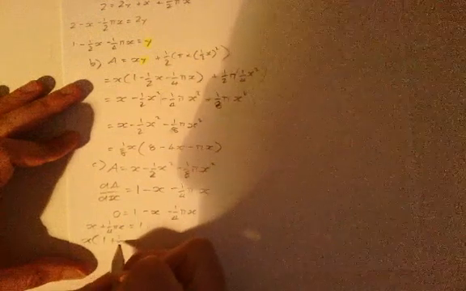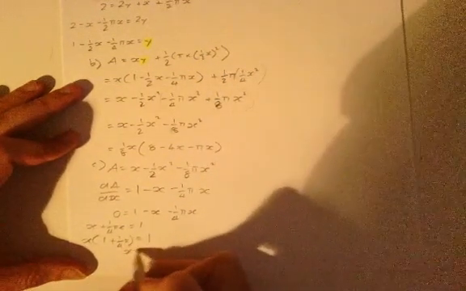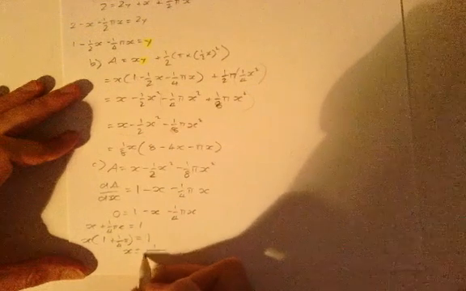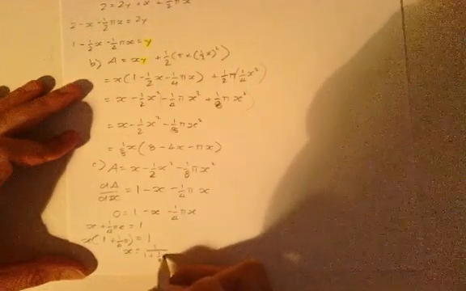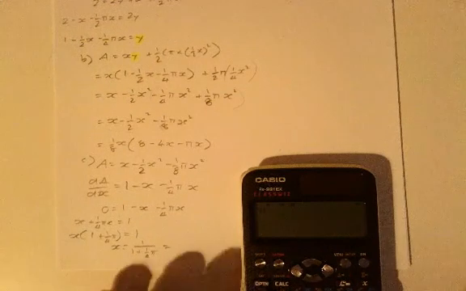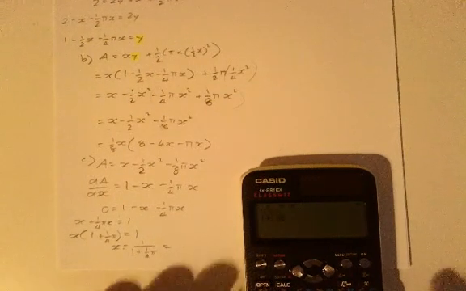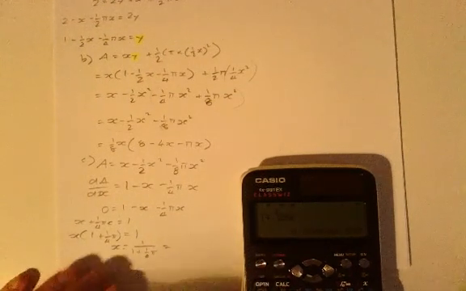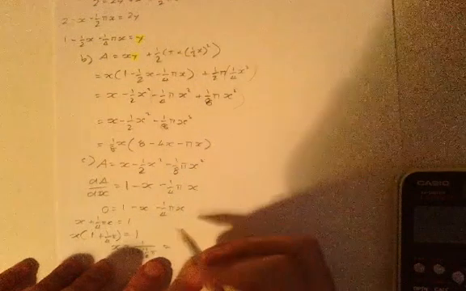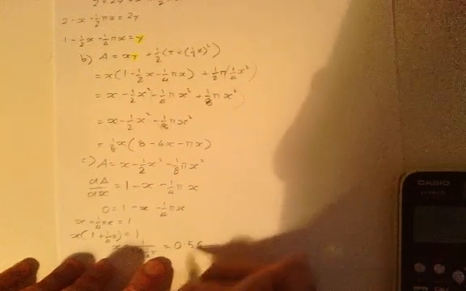Then factorise out your x, so x brackets 1 plus a quarter pi will equal 1. Divide both sides by the bracket, 1 over 1 plus a quarter pi, and let's see what that equals in our calculator. 1 over 1 plus 0.25 pi gives us around about 0.56.